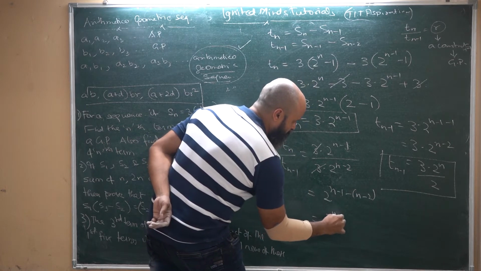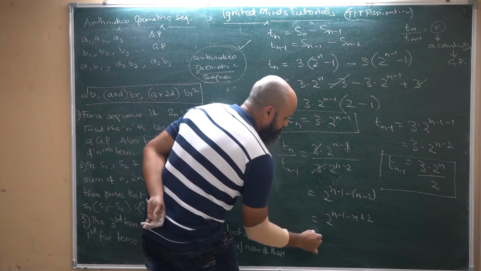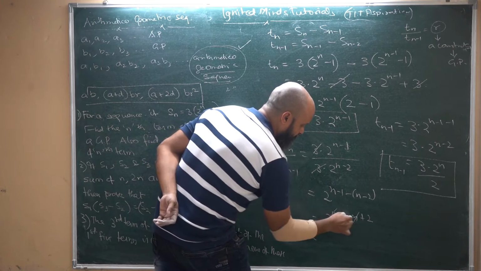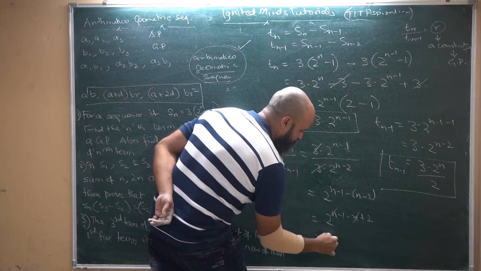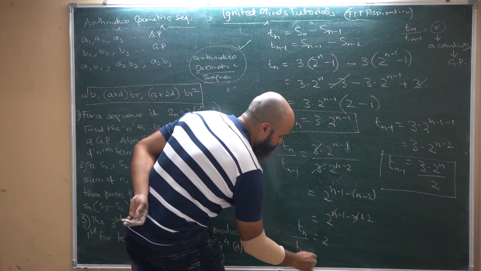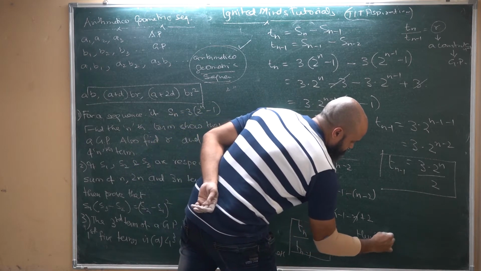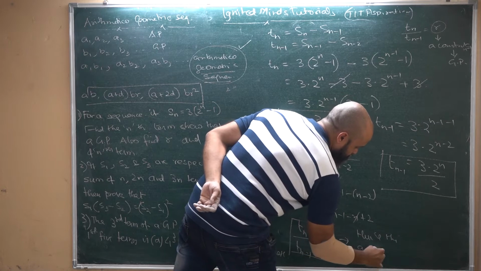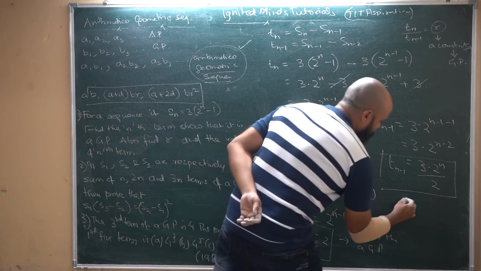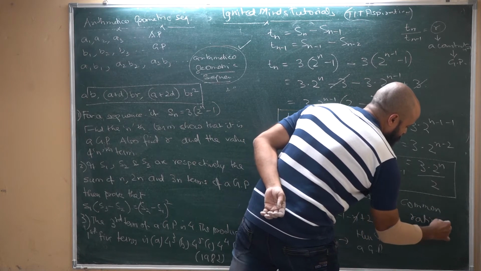So this will give you 2^(n-1-n+2). So n and n are going to get cancelled. 2 minus 1 is going to give you 1. So therefore Tn by T(n-1) is equal to 2. Hence this is a GP. And what do we have as a common ratio? The common ratio here is going to be 2.